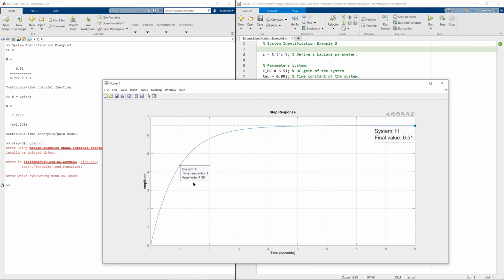This all depends of course on the accuracy of your simulation, also on your calculations. At 2 I had 4.8. Let me make it larger so you can see that better. So you can see this is actually the confirmation of what we just had. So this is correct, the steady state value on those two data points.